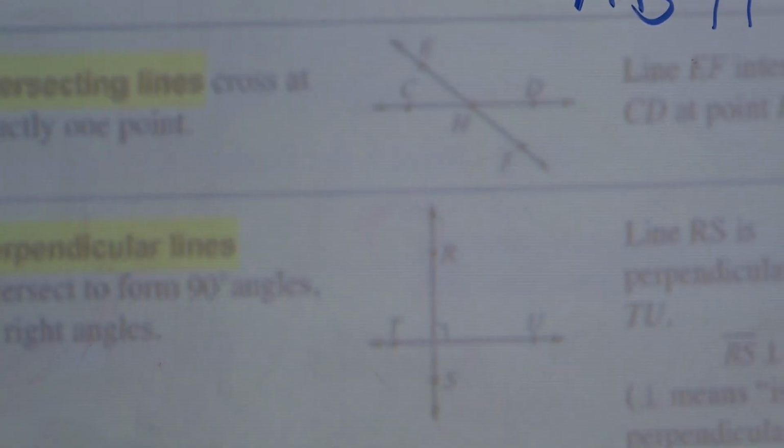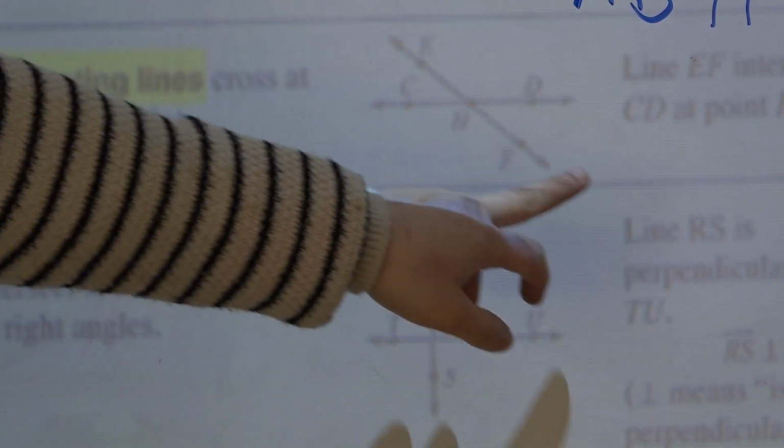Then perpendicular lines. Perpendicular lines are lines that intersect at 90 degrees, or right angles. The corners are right angles. So how do we read it?